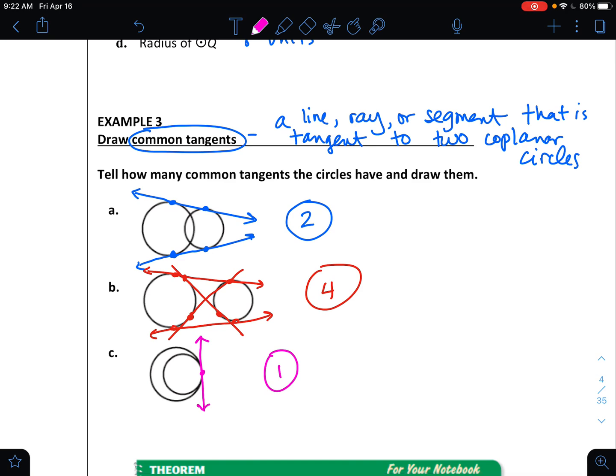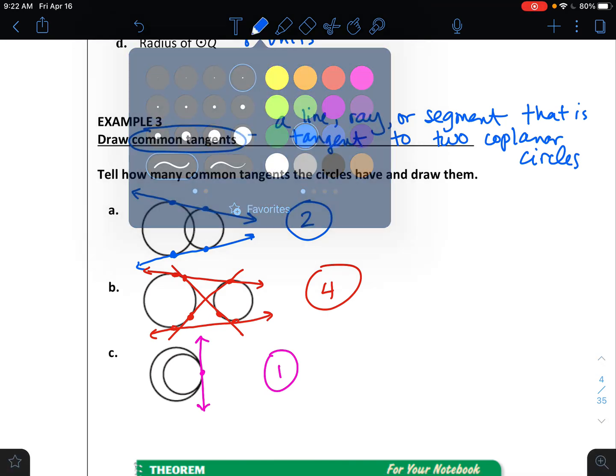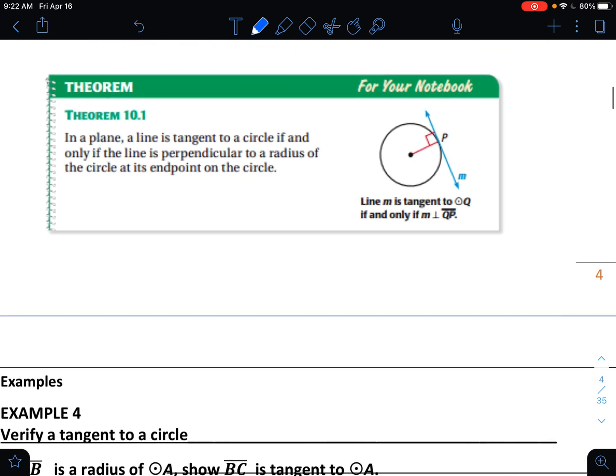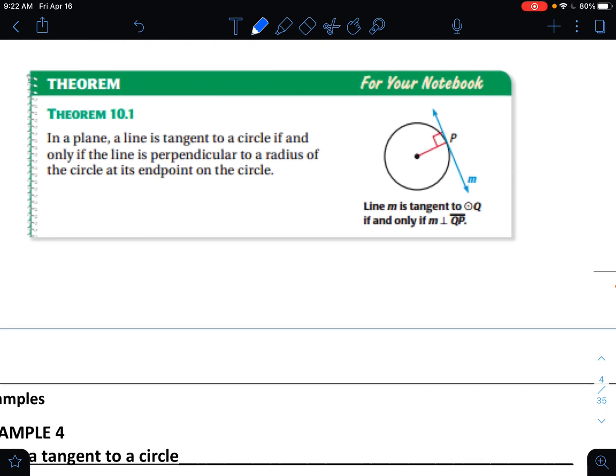Okay, so that example was just really about getting used to that new term, common tangents. All right, we do have a couple theorems in this section. So the first one says, in a plane, a line is tangent to a circle if and only if it is perpendicular to a radius of the circle at its endpoint on the circle. Okay, perpendicular is the key word.